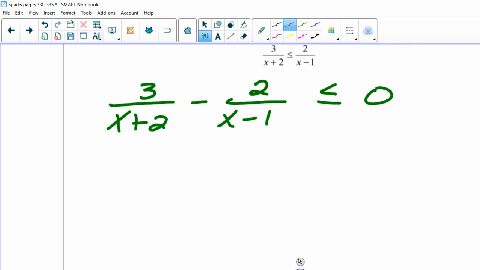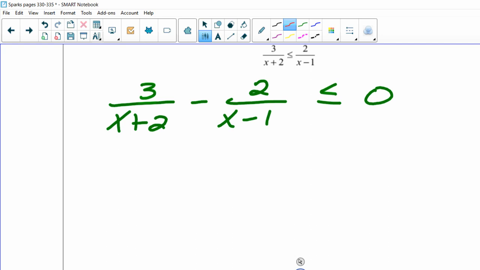What's our common denominator? X plus 2 times x minus 1. I don't know how you did this before, like in Algebra 2. Do you want to just multiply each piece by what it's missing?